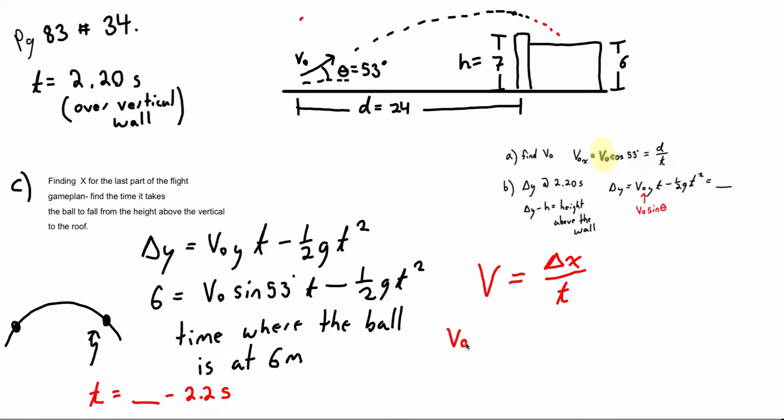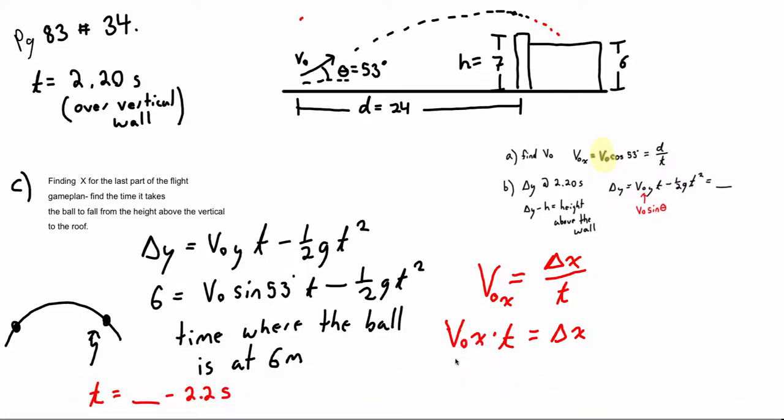So what you're going to have is v0x multiplied by t, and that is equal to my delta x.